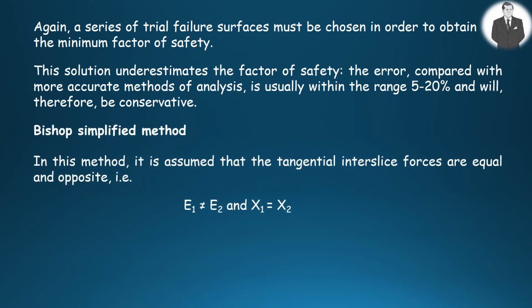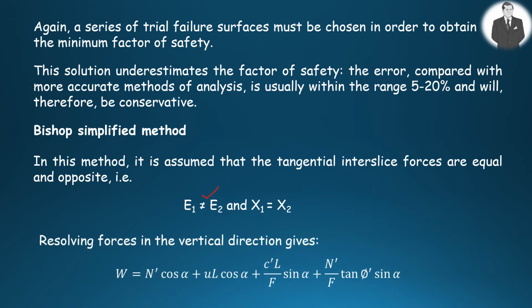In Bishop's simplified method, it is presumed that the tangential interslice forces are equal and opposite, not the normal forces. Resolving forces in the vertical direction gives the expression presented here.